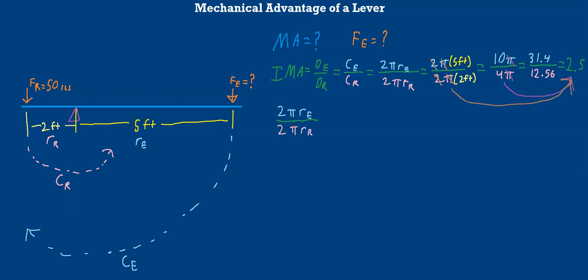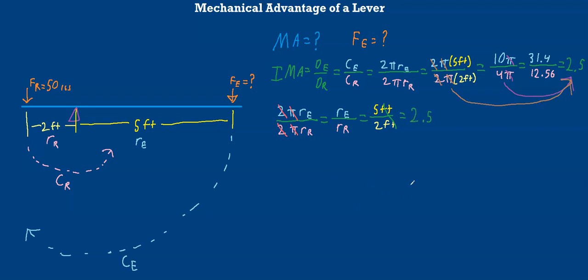We can notice that 2 cancels out and pi cancels out, and so I can set this equal to our radius effort divided by our radius resistance, which would just be 5 feet over 2 feet. So on top we can write 5 feet, and then on bottom we can write 2 feet. And then we'll notice that feet cancels out, and so we're left with an IMA of 2.5.